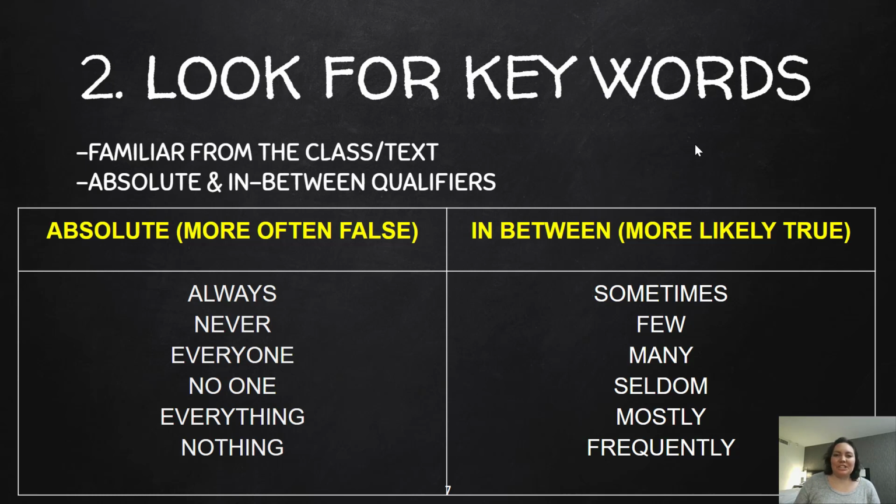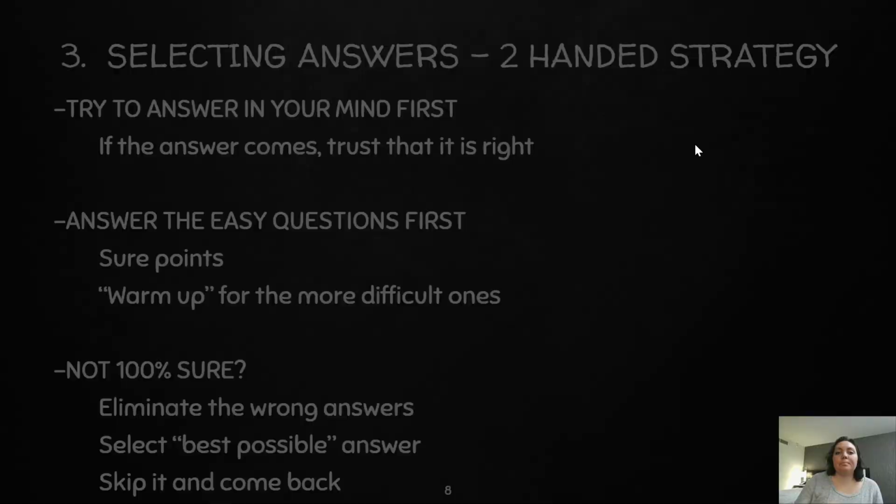Almost like wishy-washy, if you will. Most of the time, those are going to be your correct answers or your true answers. However, that is not always the case. And so, that's why you have to go through the process of elimination, or you have to make sure that you know you're reading really well. And it also depends on the instructor and how they've written the test, things like that.